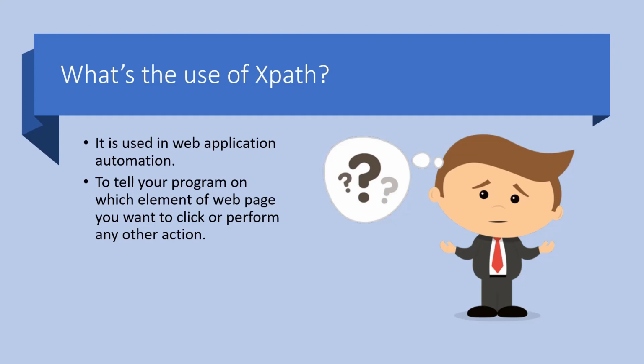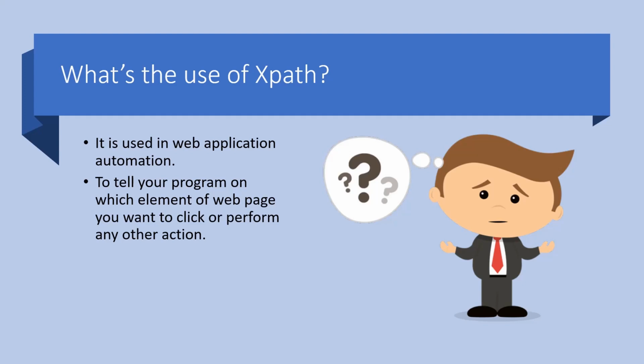But suppose I am writing one computer program for automation, which will open that web page automatically and perform some task. Then how will my computer program know on which element I have to click for login, or in which element I have to enter the password? We need to tell that computer program, yeah, in this area you need to enter username, in this specific area you need to enter password, and on this button you need to click to perform a login action.